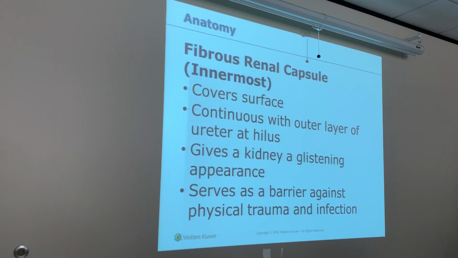So the capsule is innermost. It's continuous with the ureter and the hilum. It's what gives the kidney a glistening appearance, and it helps serve as a barrier for trauma or infection.